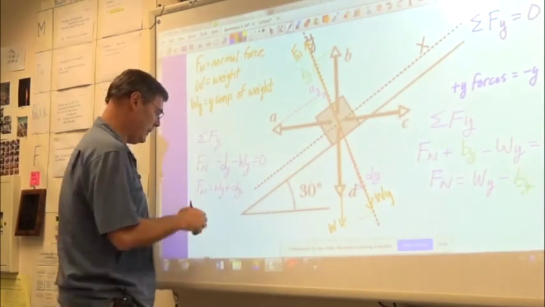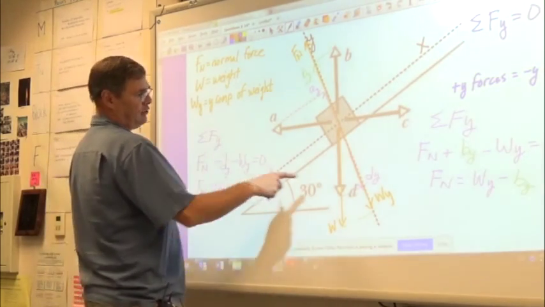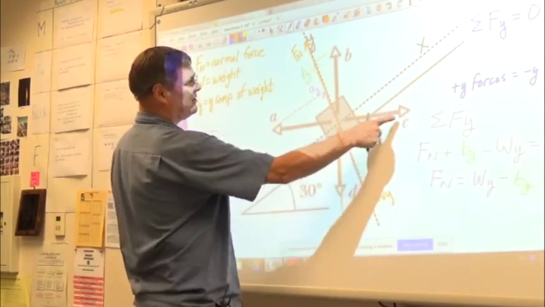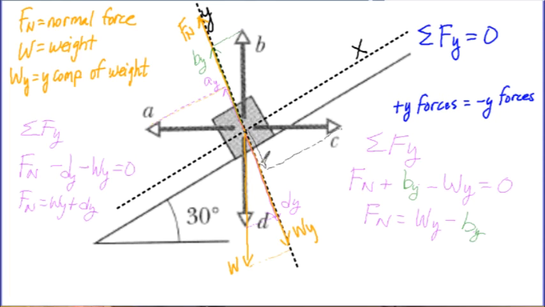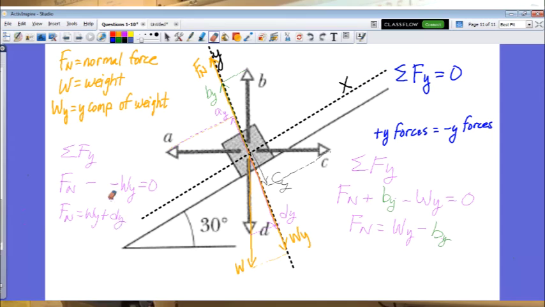And again, if I do it for C, there is Cy. And the equations would look the same because Cy is in the negative direction. I would just replace Dy with Cy.